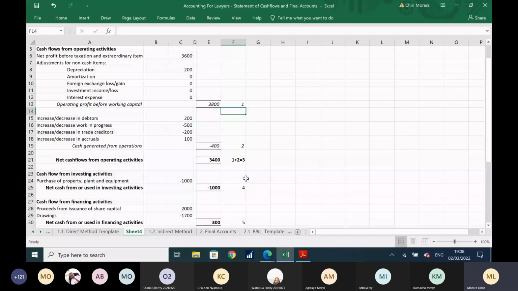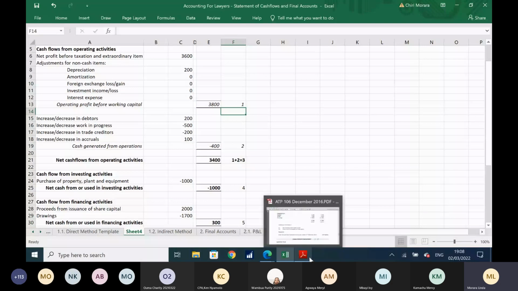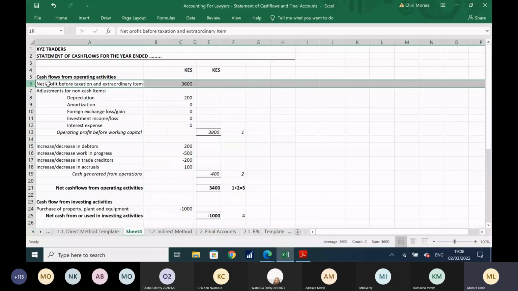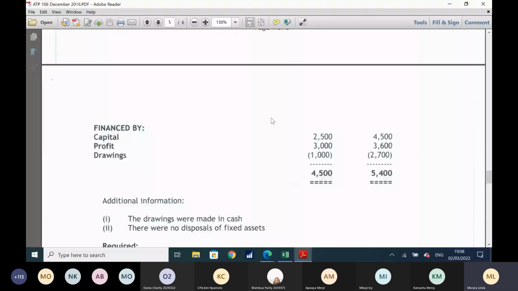Actually, before we go back there, I need to point out something here. When we were starting with our net profit before taxation, what happens to your retained earnings over the years? Profit of last year you take to retained earnings, the other year you take to retained earnings.